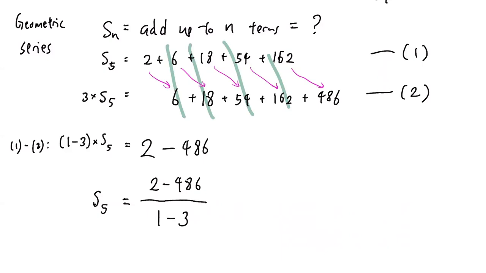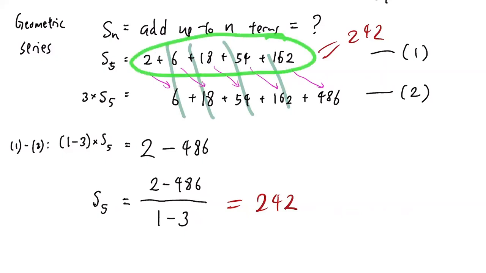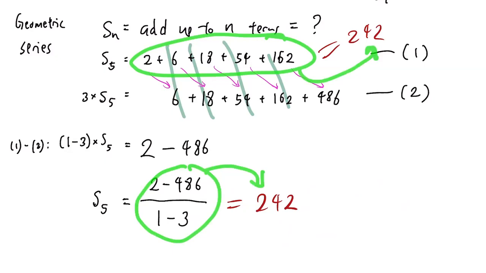It's actually 242. But this formula will also give you 242. You want to try with a calculator to convince yourself? This whole chunk and this fraction, both are 242. Yeah, so my formula works.